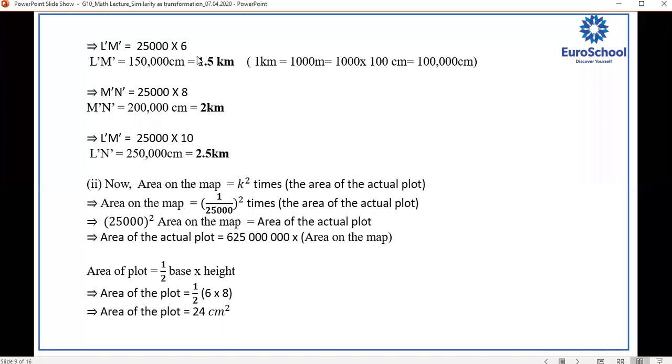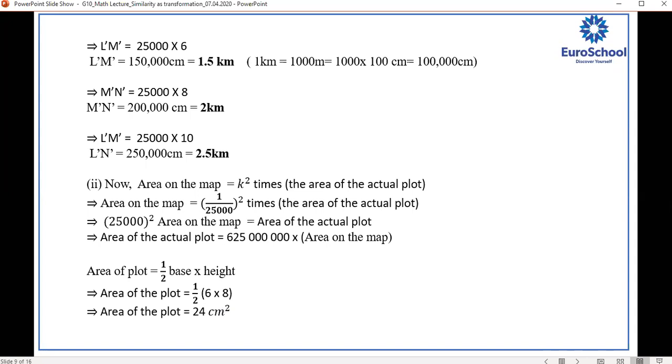So what you are saying is, in kilometers we calculate the area, we put it here, and directly we can get the answer, right? Yes, ma'am. Even that way is correct. May I know the name of the student? Anisha. Great, Anisha. So you can even do that. You can first convert it into kilometers, then multiply, then find the area of the actual plot. You can either use this value or you can directly apply the value given in the question.